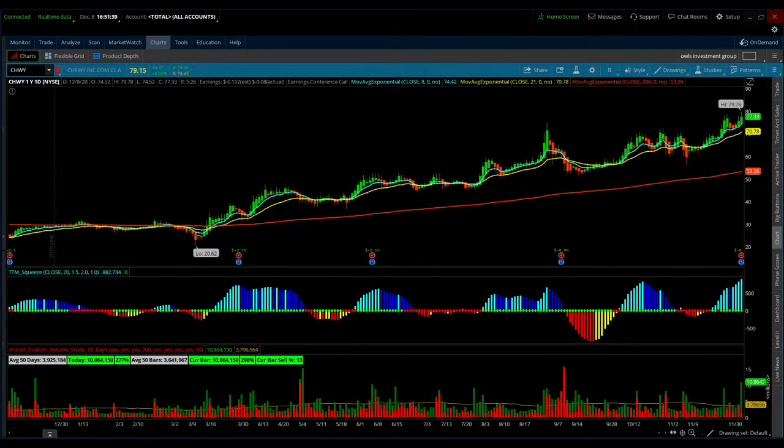So for me, for swing trading, I'm going to make a little quick review on how I do it. I just want to go over a quick review of resistance, supports, TTM squeeze, volume, moving averages, and why I pick certain contracts.